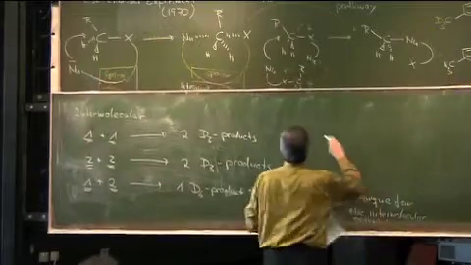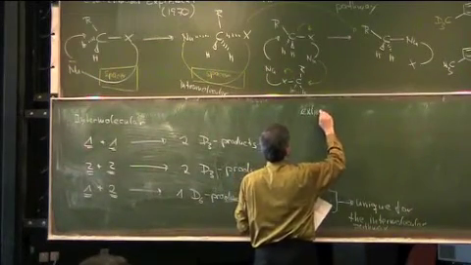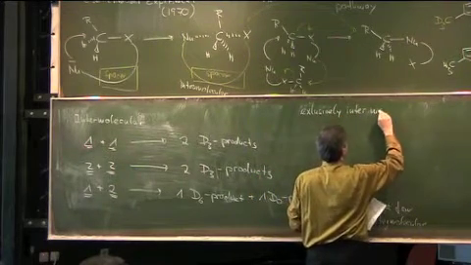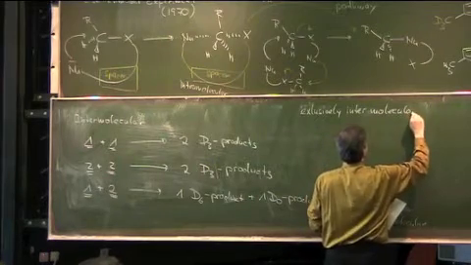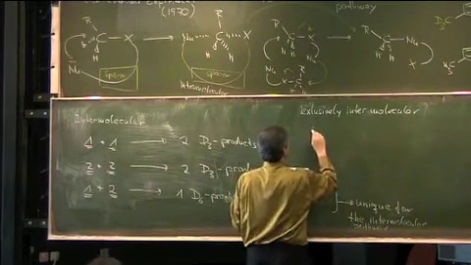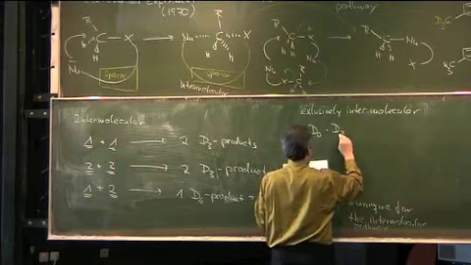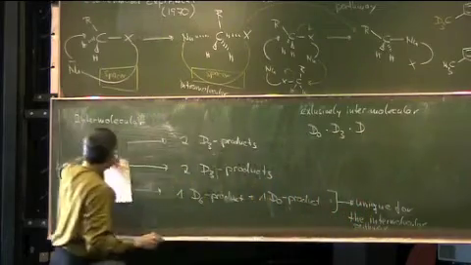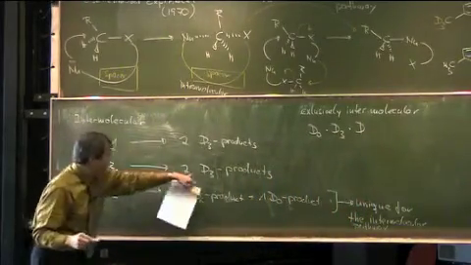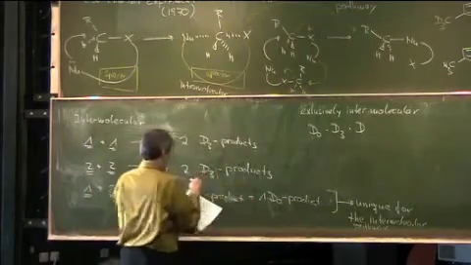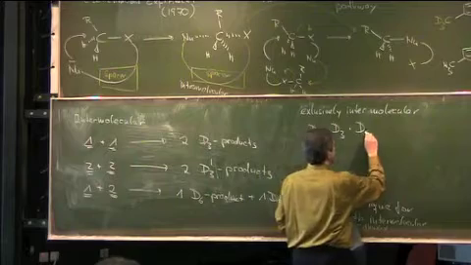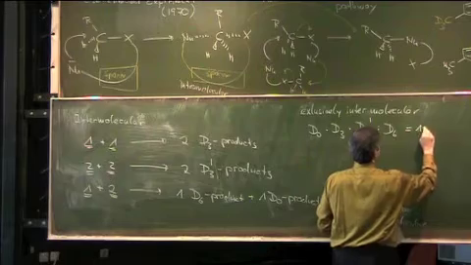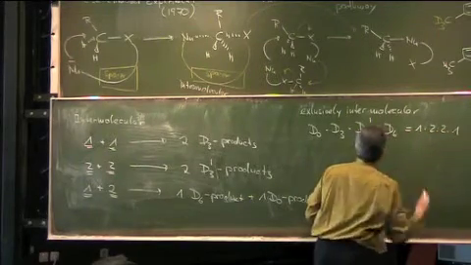In other words, if you have exclusively intermolecular, you would expect D3 products from 1 and 1 and D3 products from 2 and 2. Then D0 and D6 would be from 1 with 2 and 2 with 1.